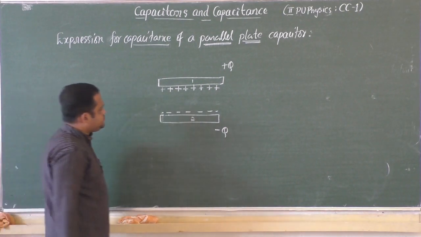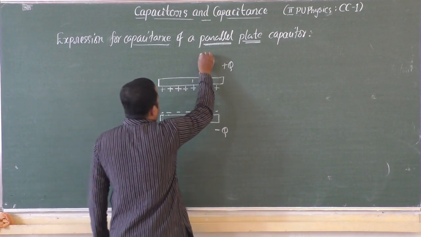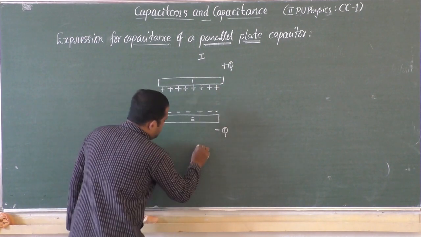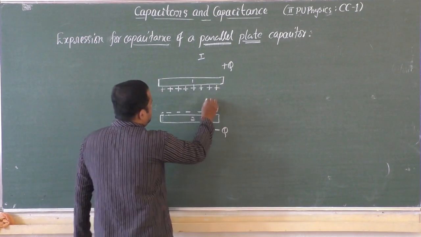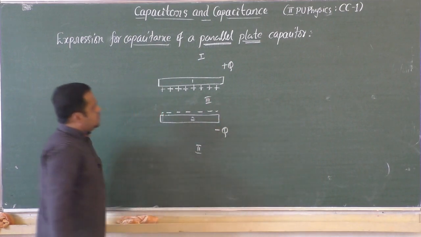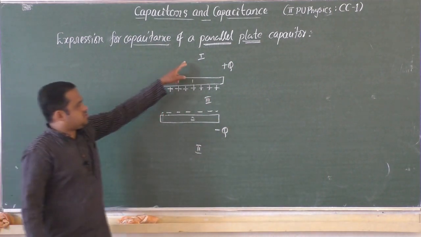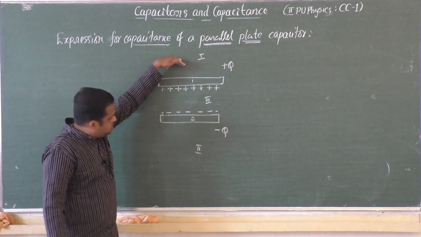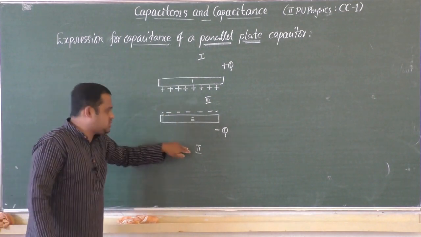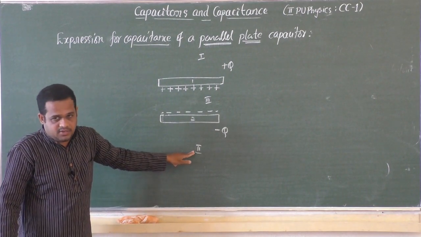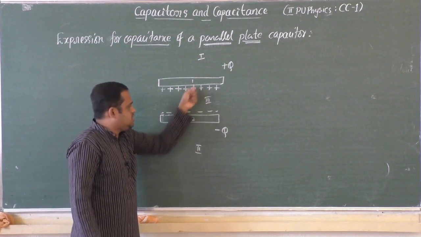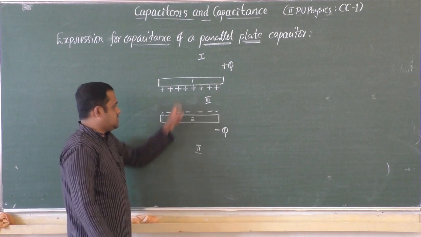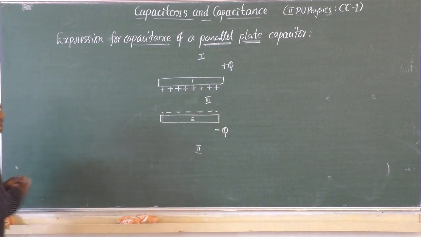Okay, now let us consider three regions: region 1, region 2 and region 3. The first region is outside the capacitor near the positively charged plate, the second region is outside the capacitor near the negatively charged plate, and the third region is between the plates of the capacitor.